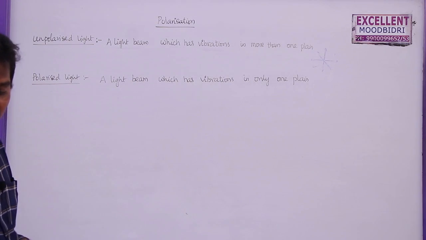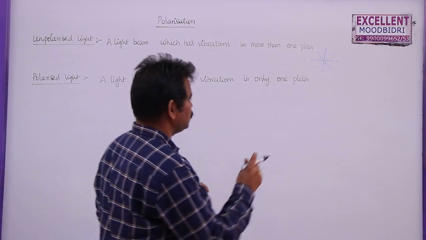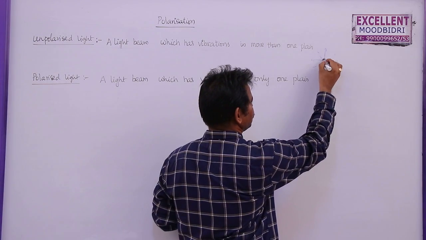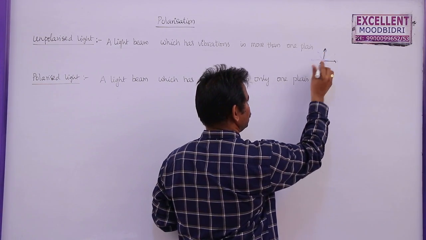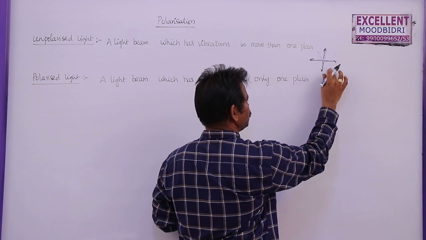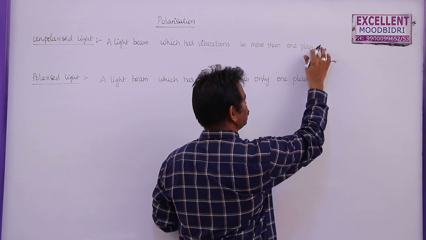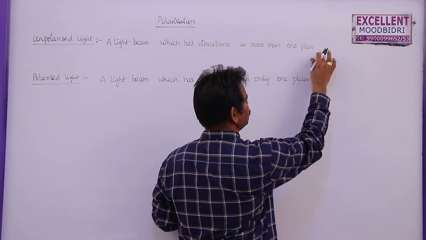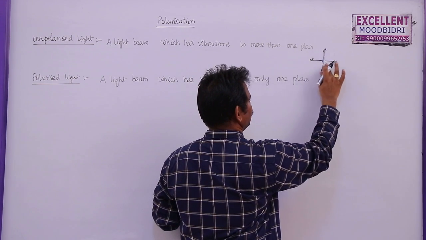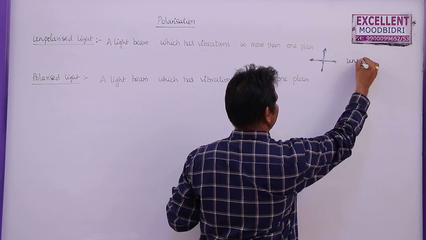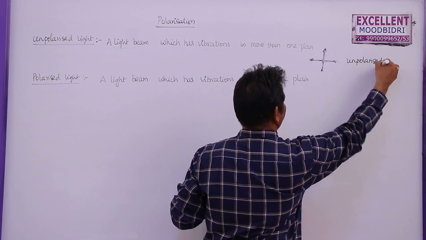So in this case, resolve each vector into 2 components along x-axis and y-axis, then this is called unpolarized light.